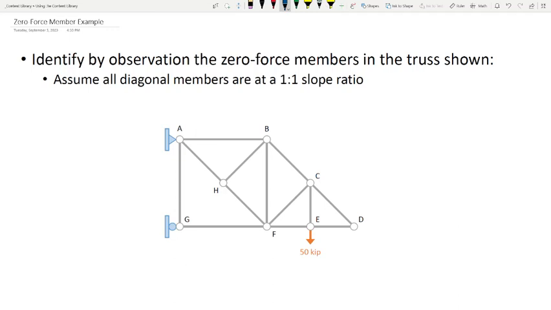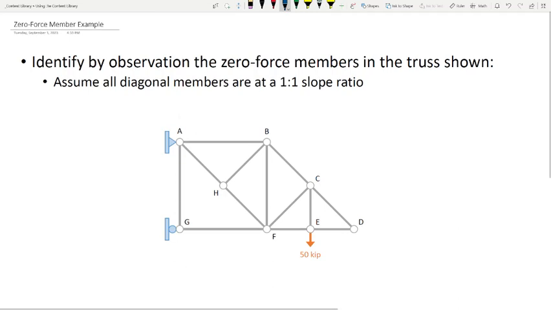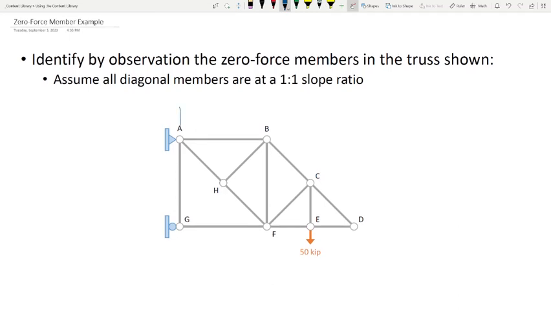Now, before I do that, I'm going to say we have a vertical reaction right here. I'm going to say we have a horizontal reaction right here and a horizontal reaction right here. The directions of those reactions don't really matter, like this one in G could be going to the left or to the right. Doesn't really matter, just as long as I've identified that it's actually there.